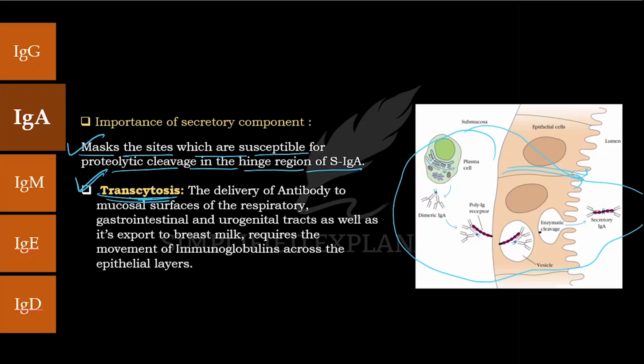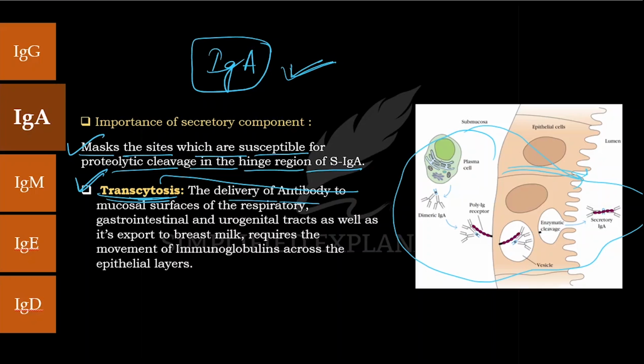Okay, and this transcytosis is a feature of IgA. IgM can also be transported across the epithelial layers, but the most efficient is IgA.